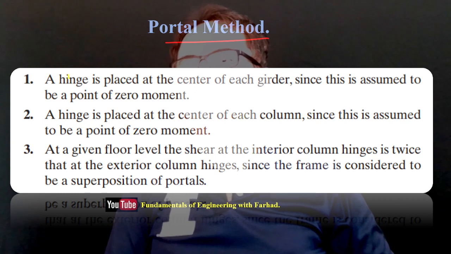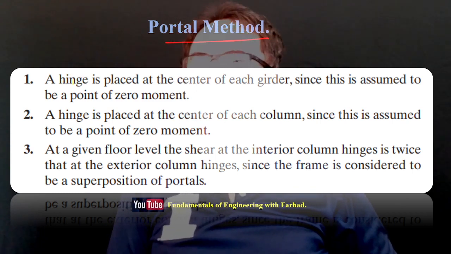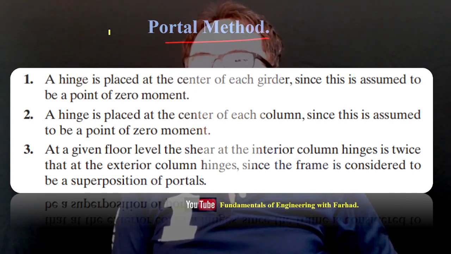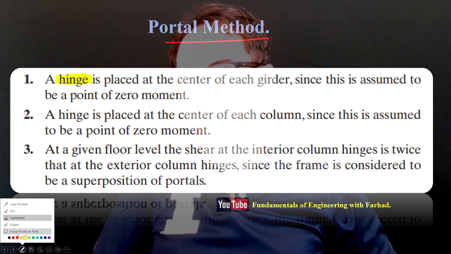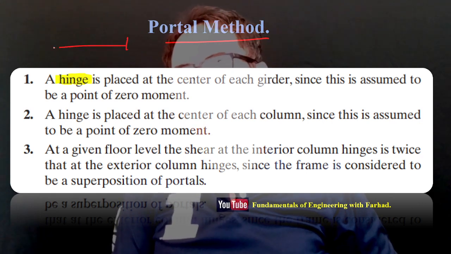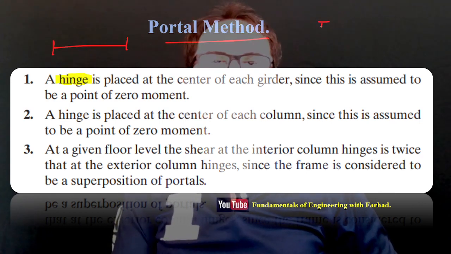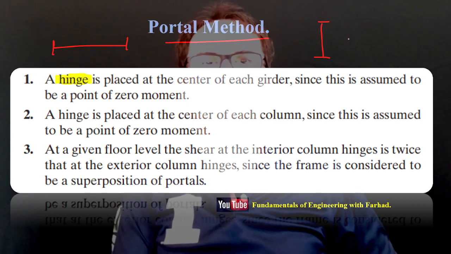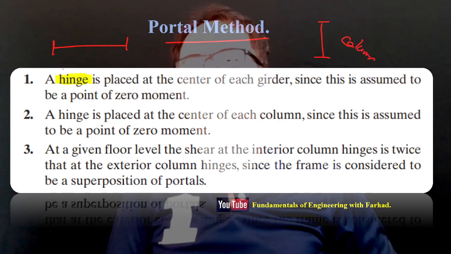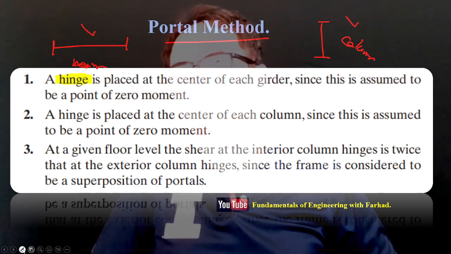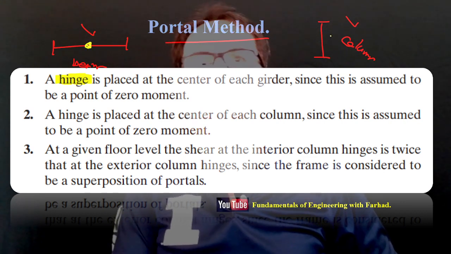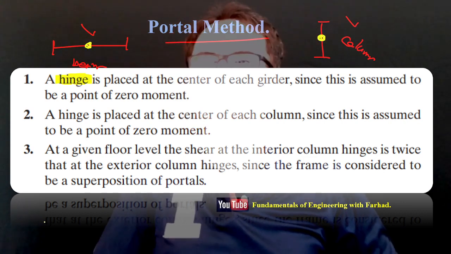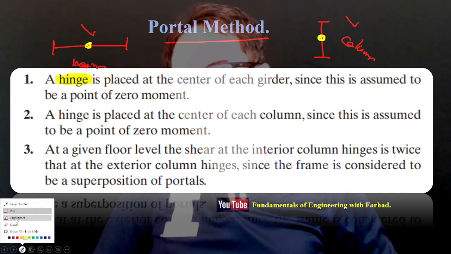It just says if we see a fix, whenever you see a fix at both ends, either a column or a beam, either a horizontal member or vertical member, you just need to locate a hinge at the center of that member.